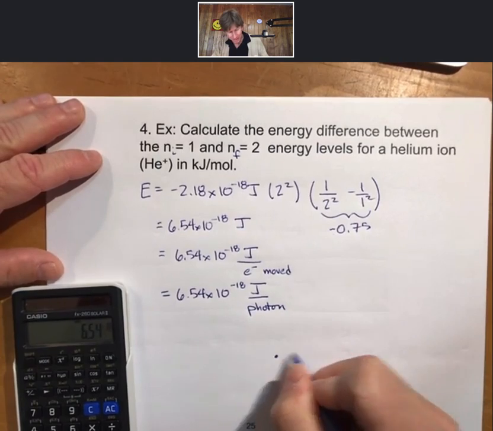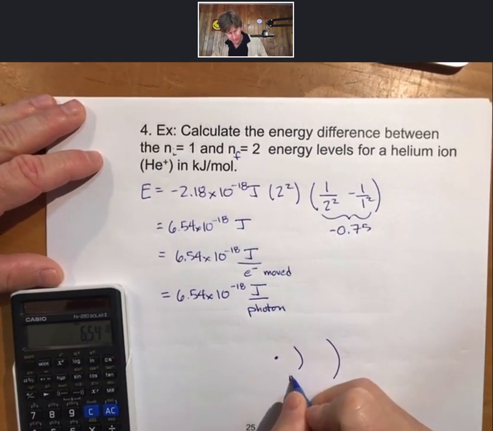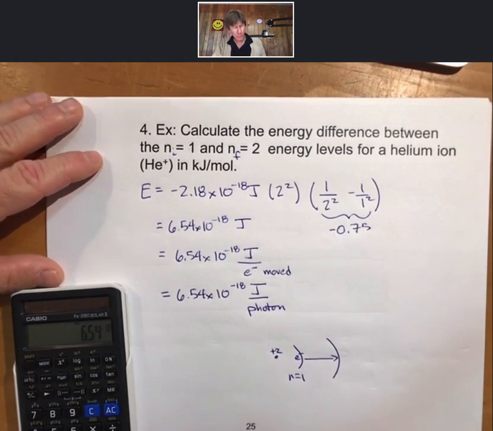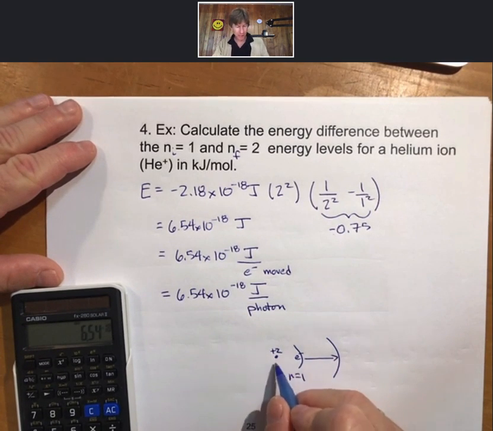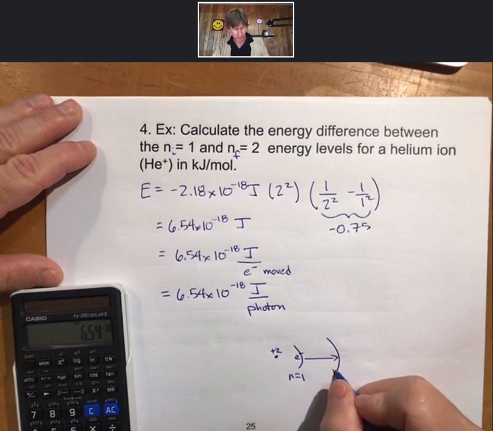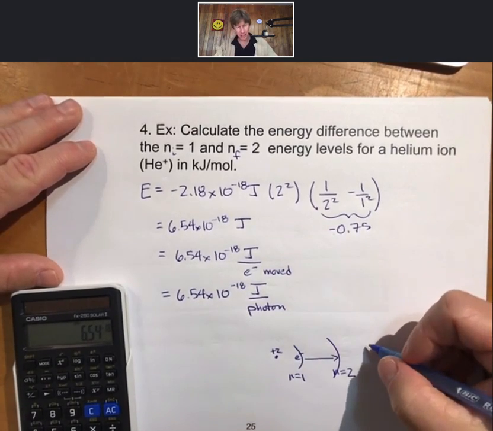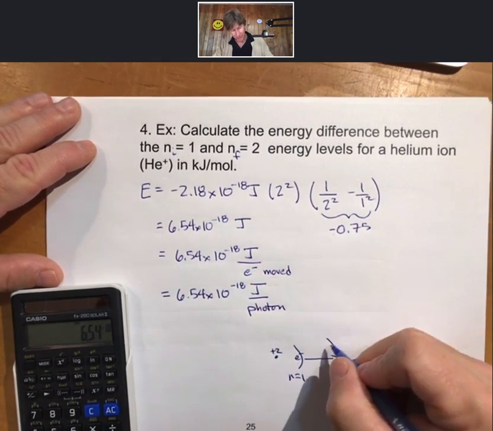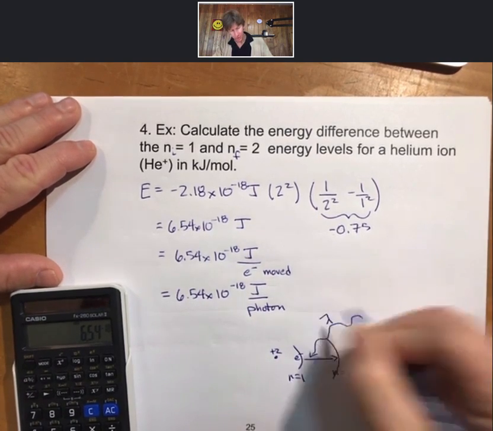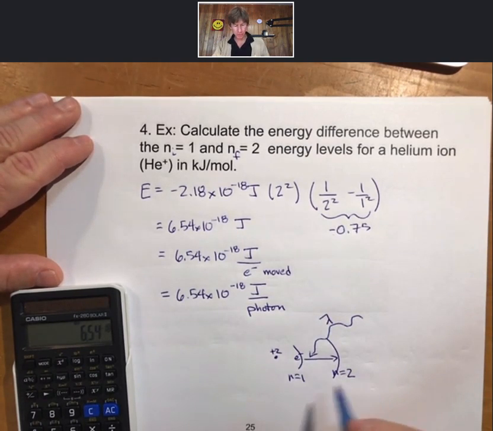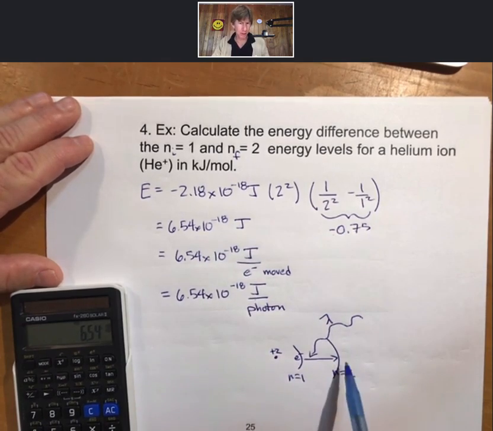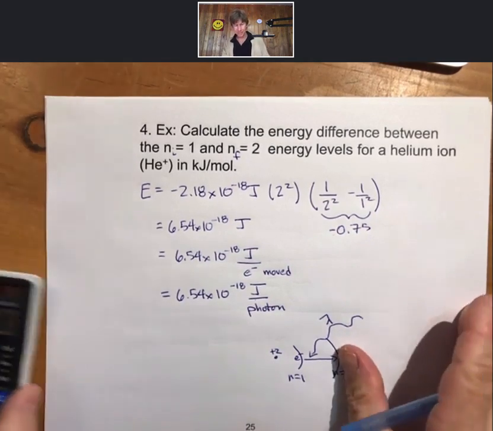It is for the movement of an electron in a helium atom, here's the nucleus, going from n equals 1 to n equals 2. And that process, since it's a positive energy, will absorb a photon with a specific wavelength. So this equation can give you any set of the 3 units since it's associated with this process.